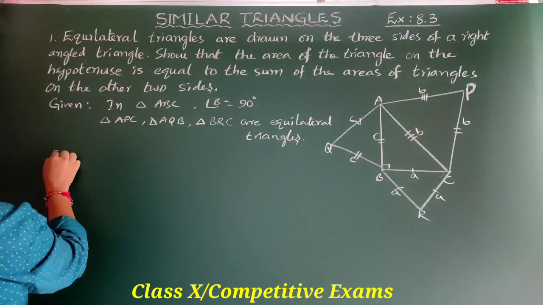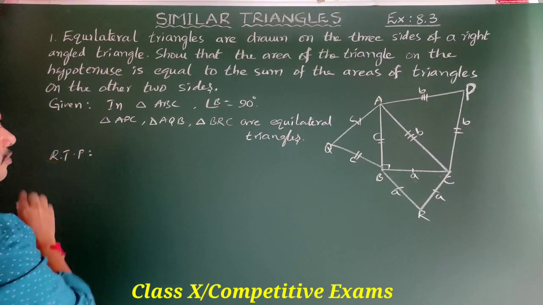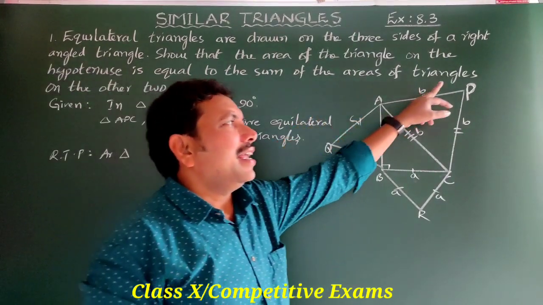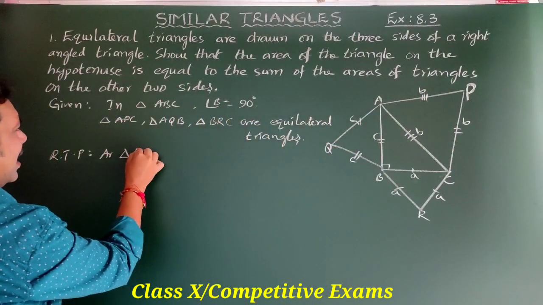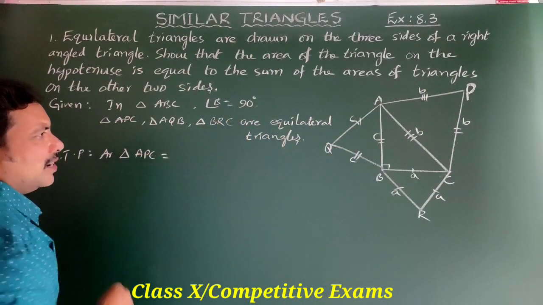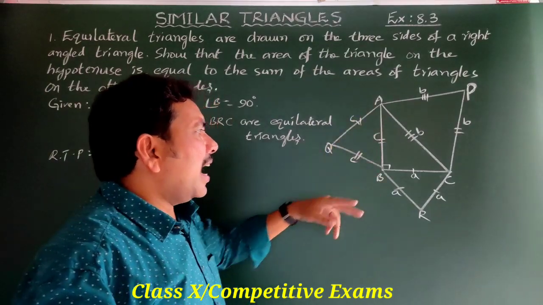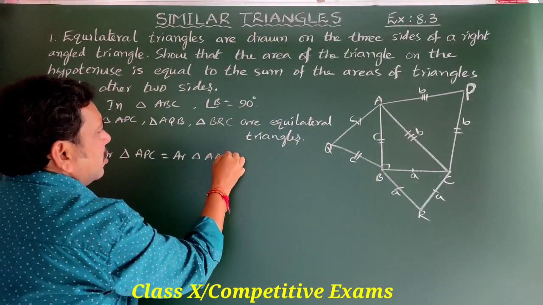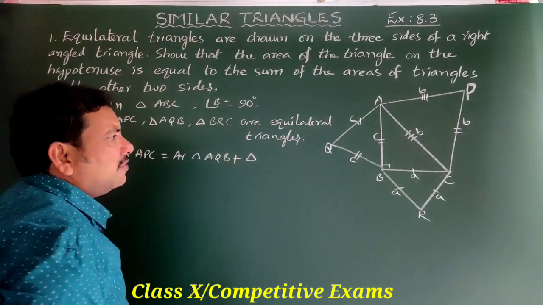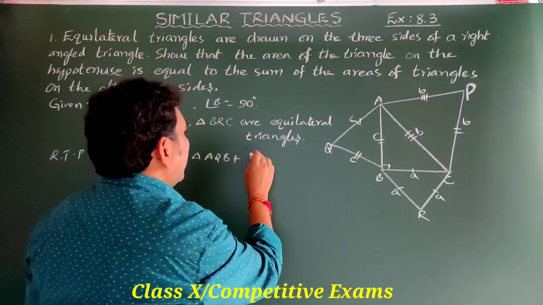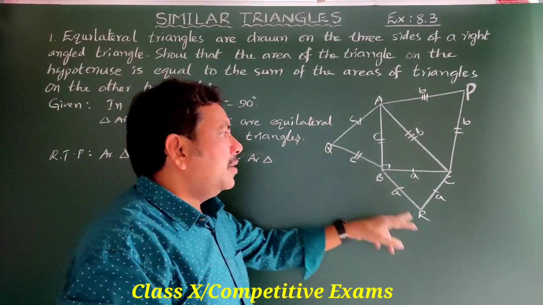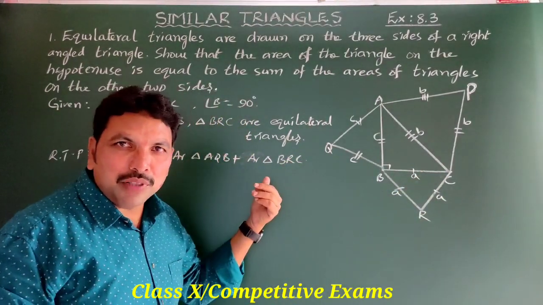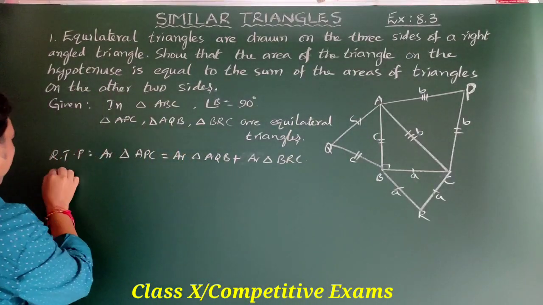Next, RTP. What we have to prove? Area of triangle APC is equal to area of triangle AQB plus area of triangle BRC. We have to prove this one. Proof.